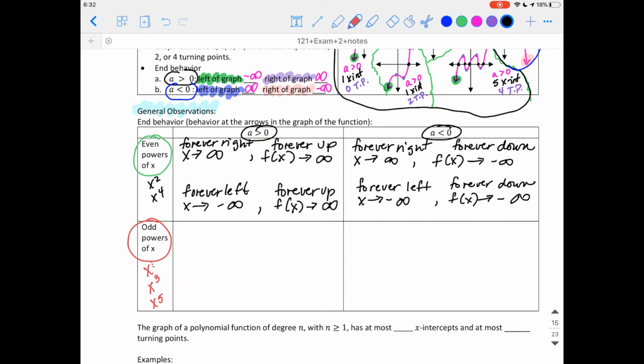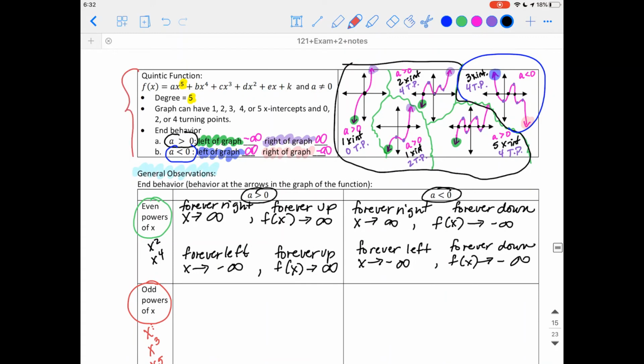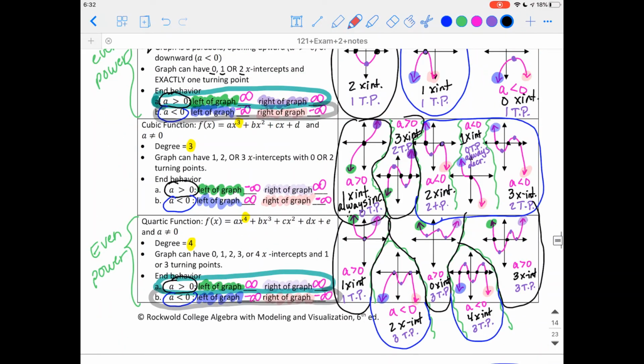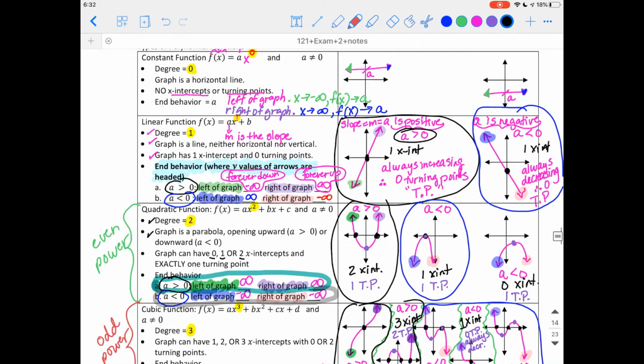So these are going to be odd. So this is going to be an odd power. This one's going to be an odd power. And even this one's going to be an odd power.